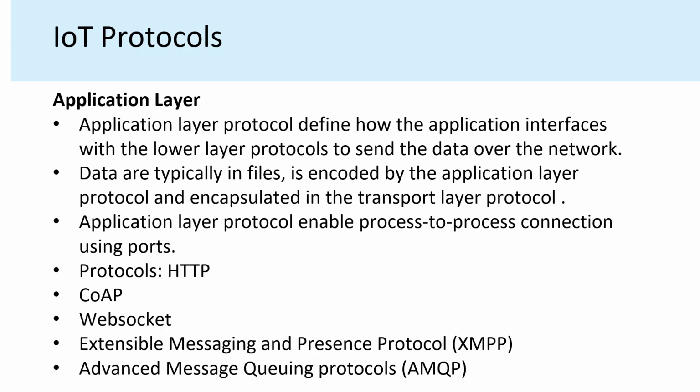The application layer protocols are Hypertext Transfer Protocol, which is used to transfer web pages, Constrained Application Protocol, WebSockets, Extensible Messaging and Presence Protocol (XMPP), and Advanced Message Queuing Protocol (AMQP). Thank you.